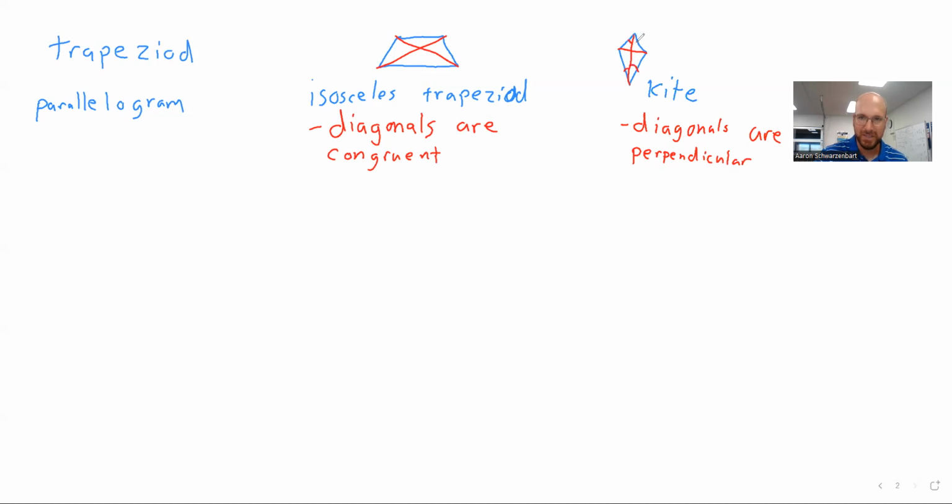And I'm not sure how to write that out, but this diagonal between the adjacent congruent sides cuts the angle in half. There's my right angle symbol. And this cuts this angle in half. This other diagonal does not cut that angle.